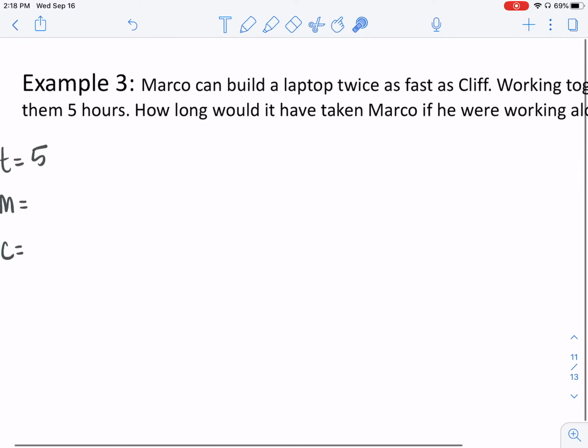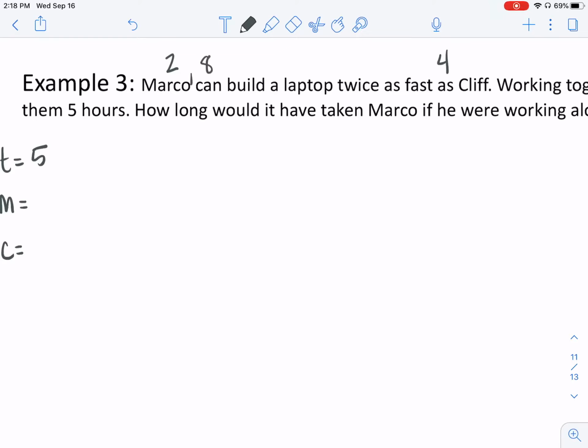And so I come up here and I really think about this statement. Marco can build a laptop twice as fast as Cliff. So Marco is the quicker one. So if maybe it takes Marco 2 hours, that means it would take Cliff 4 hours. If it took Marco 8 hours, that means it would take Cliff 16 hours.